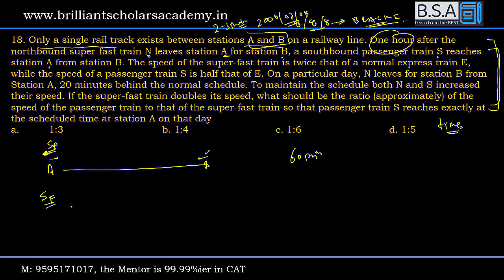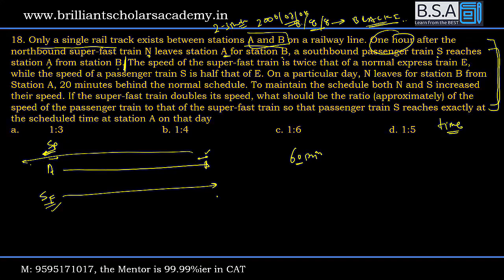In that same 60 minutes, this train has to leave B and the passenger train has to leave A. First, this train will leave A, reach B, and then after that, this train will leave B and reach A in total 60 minutes. That is what it means up to this point.